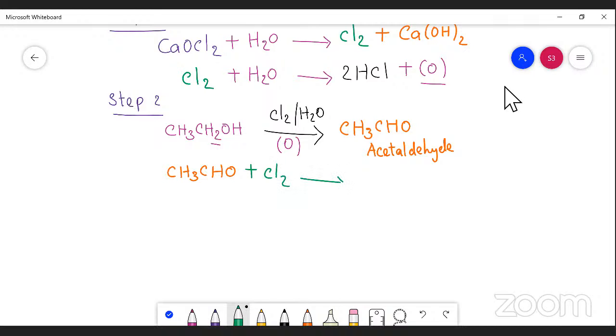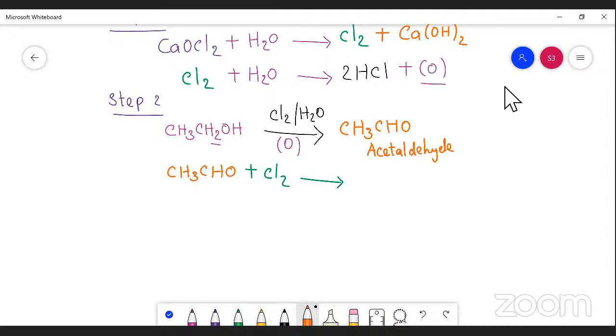What will happen? When acetaldehyde is reacted with chlorine, the alpha hydrogen is replaced by chlorine. What is alpha hydrogen? You know that. It is the hydrogen next to the functional group. What is the functional group here? It is CHO. And next to the functional group, it is CH3. So the hydrogens will be replaced by chlorine.